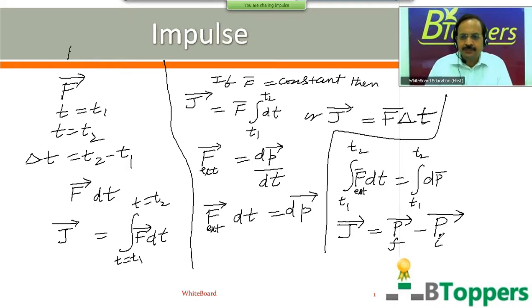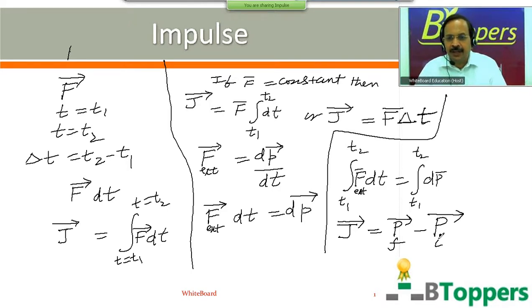Here p i bar is the initial momentum of the body at the instant of time t equal to t1, and p f bar is the final momentum of the body at the later instant of time t equal to t2.